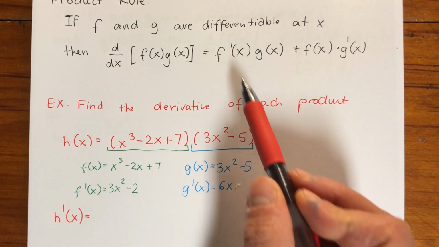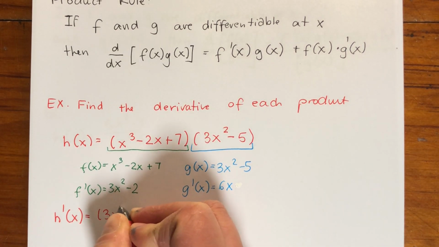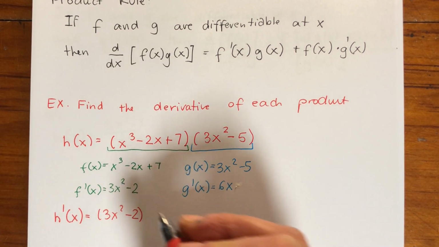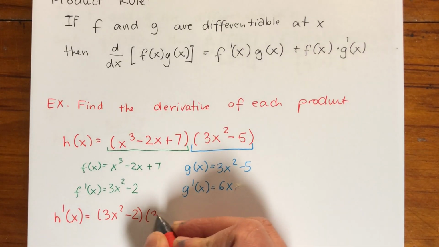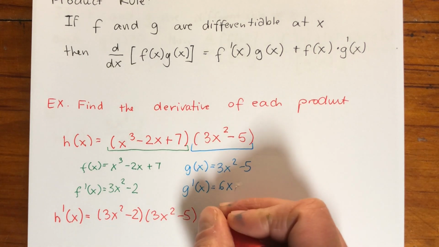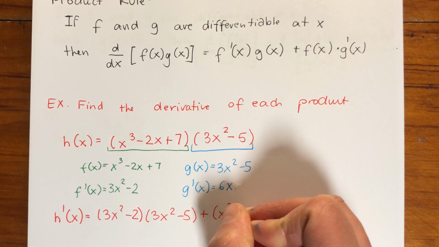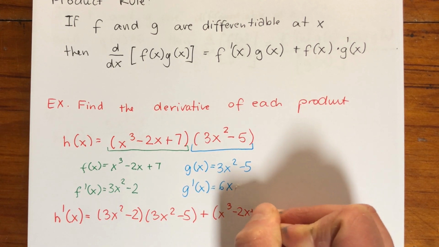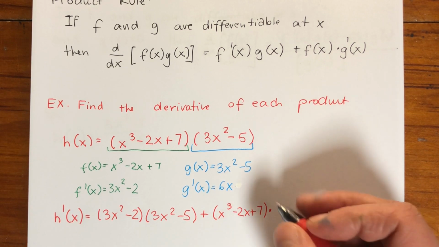The first thing I am taking is the derivative of x, which was 3x squared minus 2. I am going to multiply it by the original g function, which is 3x squared minus 5. Then I am going to add the original f function, and I am going to multiply it by the derivative of the g function.